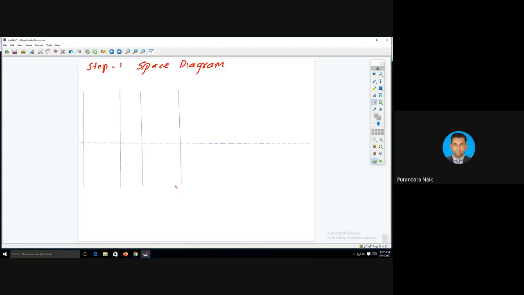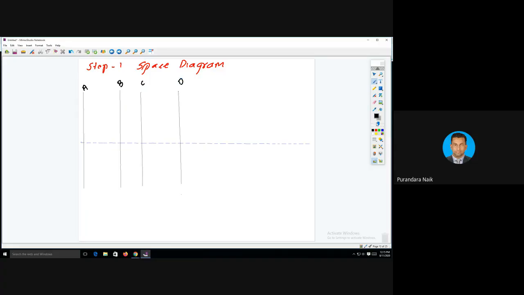Okay, so let us mark it out. Let us name these planes. This is plane A, this is plane B, plane C, and plane D. And we have the distance between the planes.